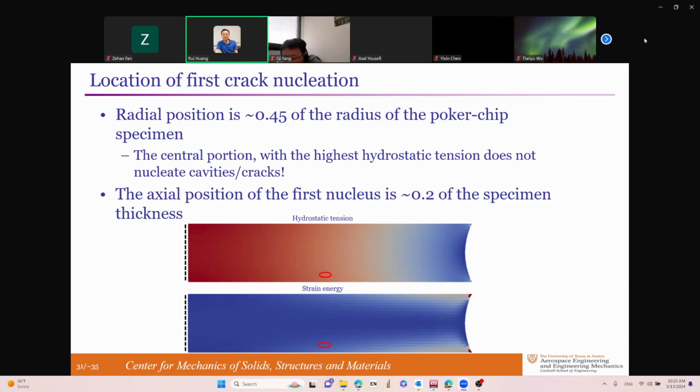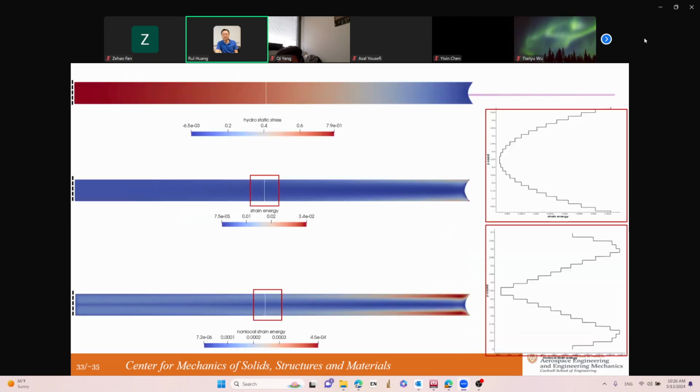So you need shear deformations, meaning you have to go away from the center towards the free surface where the shear energy picks up. So you need to be close enough to the center to have high hydrostatic stress, far enough away from the center to have larger deformation energy. Somewhere there's a sweet spot. So we did a series of calculations of the stress state in the specimen.